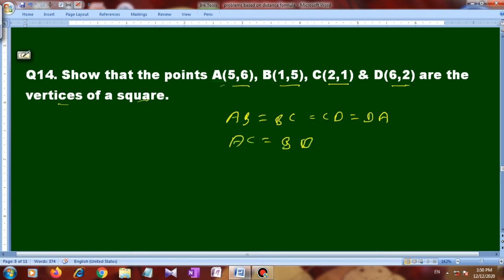If these two conditions are satisfied, then the given coordinates will be the vertices of a square. So do it yourself.